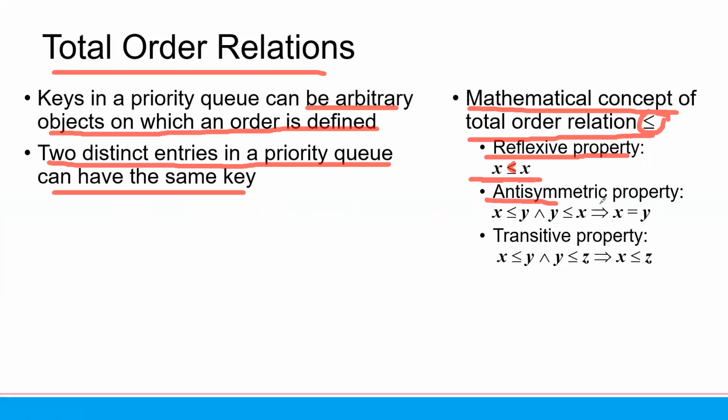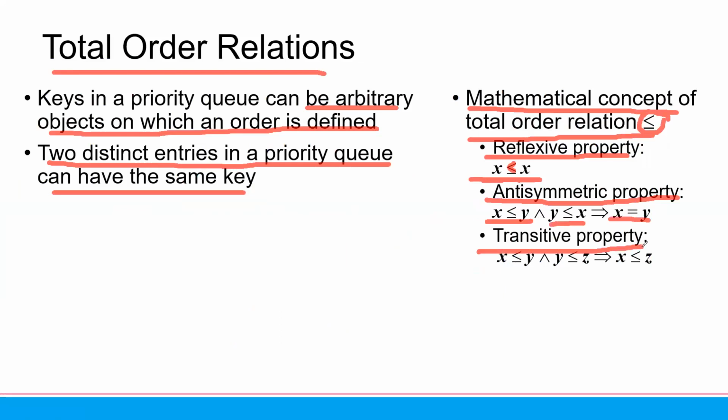We can also have the anti-symmetric property. In the anti-symmetric property, if x is coming first than y, and y is coming first than x, then we can say that x and y are the same, because this is anti-symmetric.